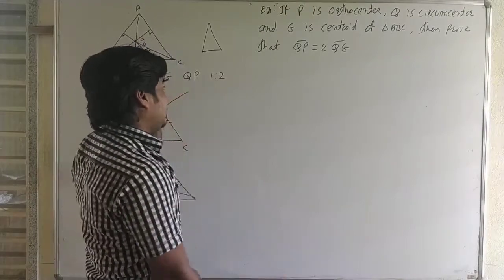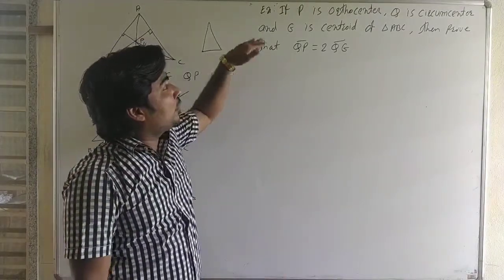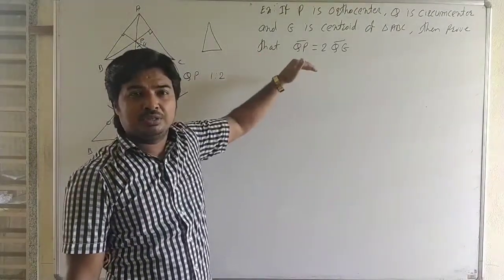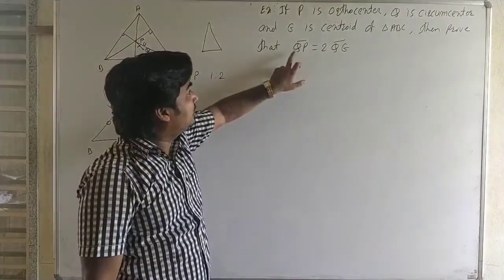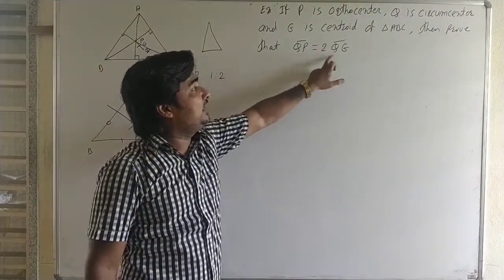In the last example we took vectors with respect to the orthocenter: PA, PB, PC and PQ. Here, with respect to Q, we have QP and QG.